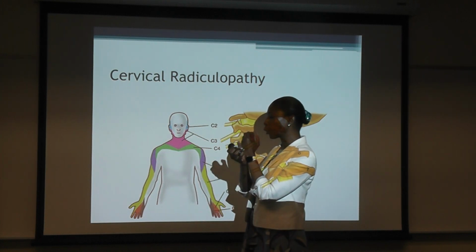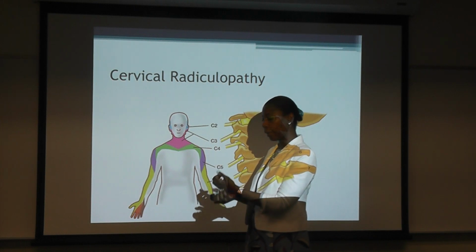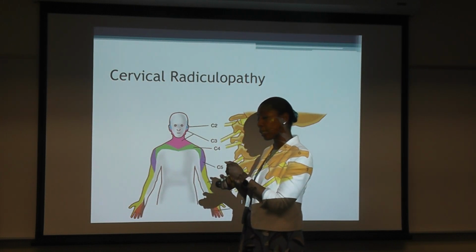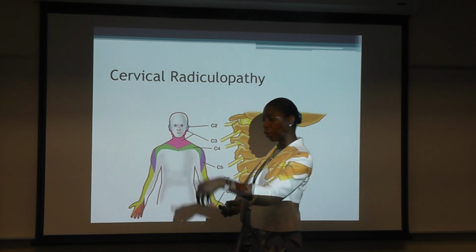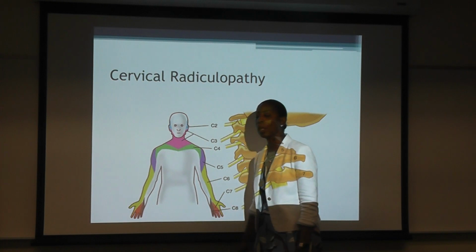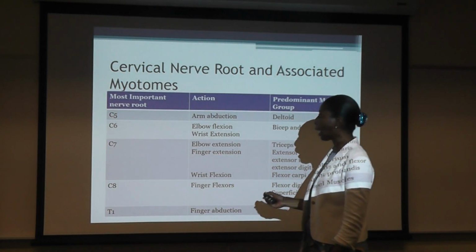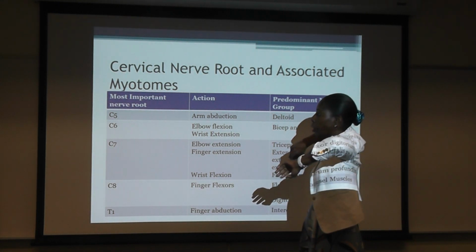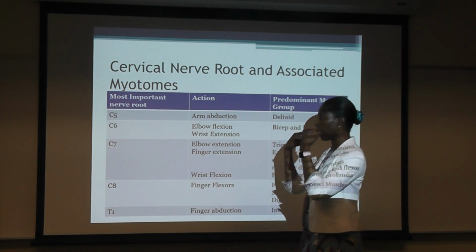Now C7, when I'm checking tricep strength, I'm going to push down on their arm, and this is C7 and C8, you can actually check the tricep. You push down, and they're able to resist you when you push down, then you have good tricep strength, okay? So here we have arm abduction, this way. Elbow flexion, this way, that's C6.